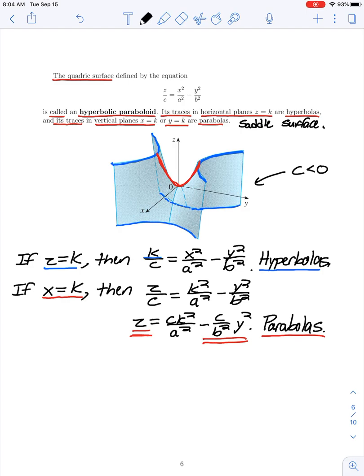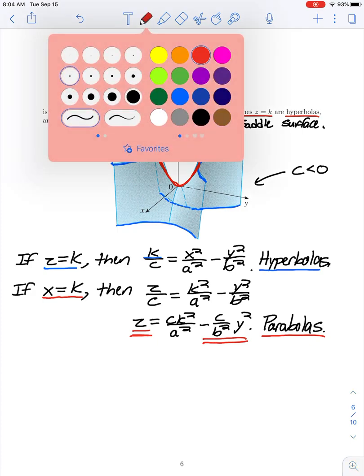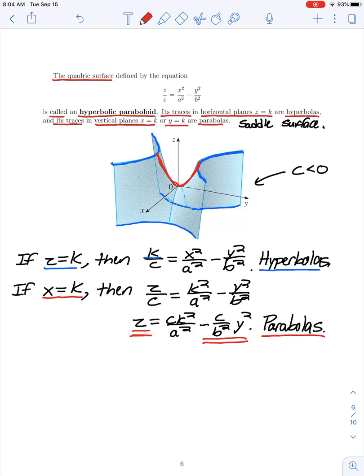So let's consider traces in other planes. And we can see here, of course, depending on what we choose for k, we might have a parabola with a different vertex, maybe opening a little wider if we move forward or backward from that yz plane.